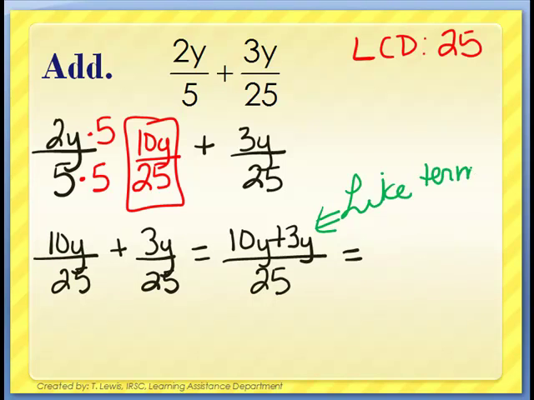So we are able to add those terms together, because if we didn't have a y to one of the terms, we would not be able to add. So 10y plus 3y gives us 13y, and our common denominator is 25.